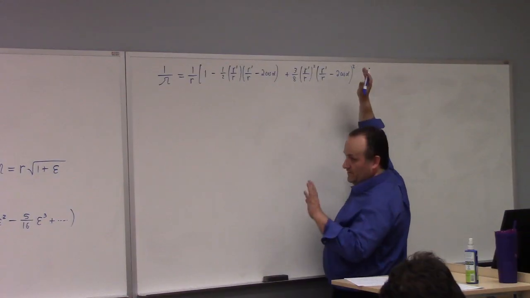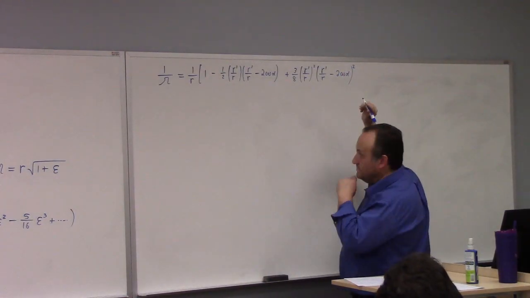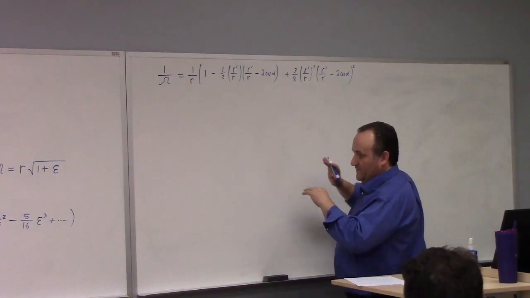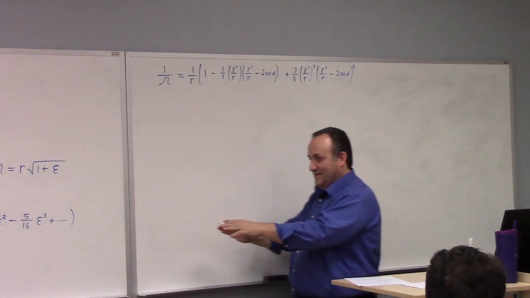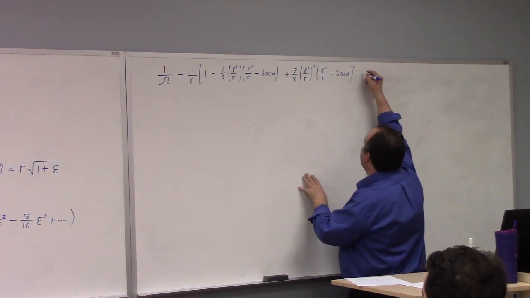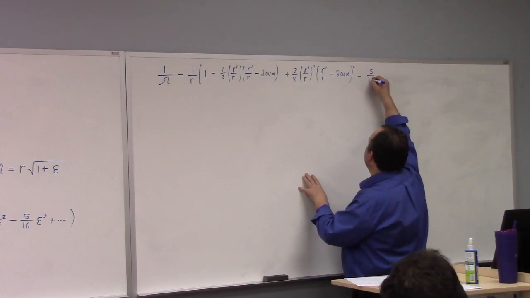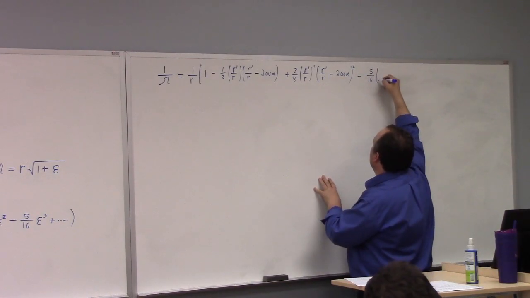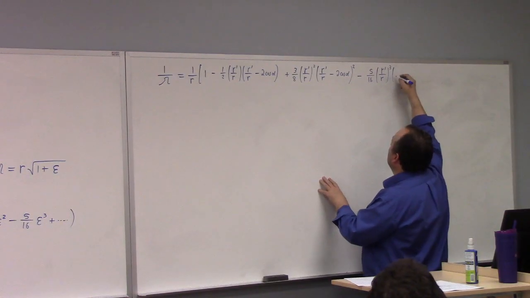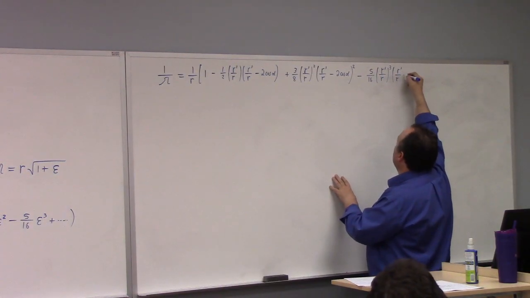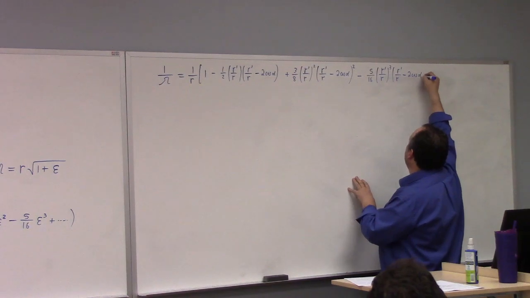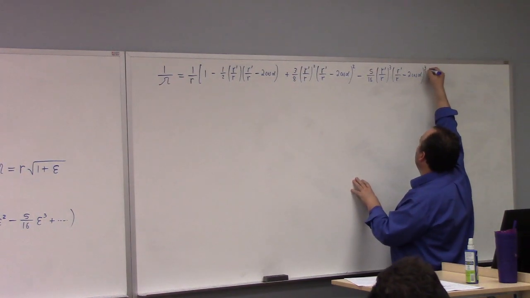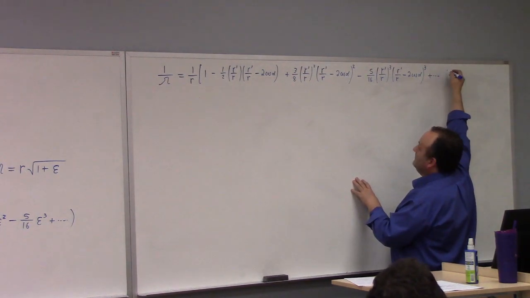I won't try to do it all at once, I'll just write it. There we go, now we've reached the 3/8. What's next? Minus 5/16, and we've got r prime over r to the power 3, r prime over r minus 2 cosine alpha cubed. And this goes on.